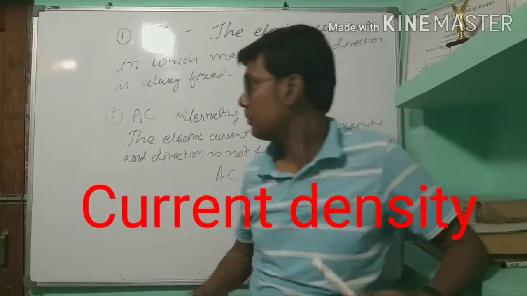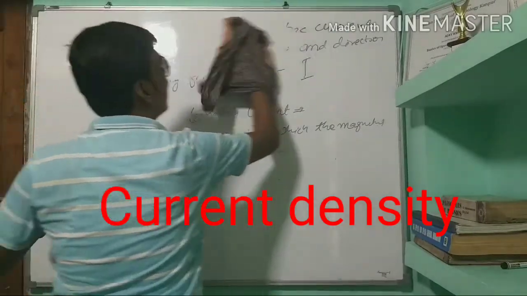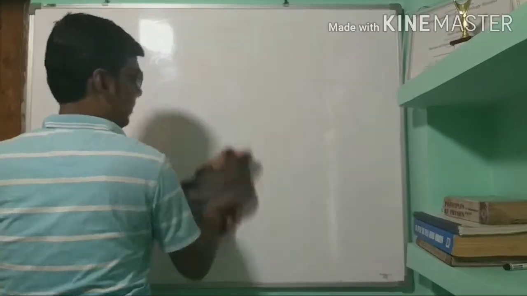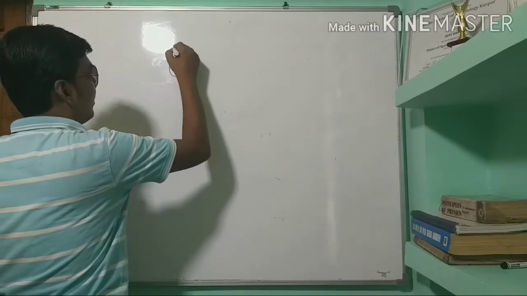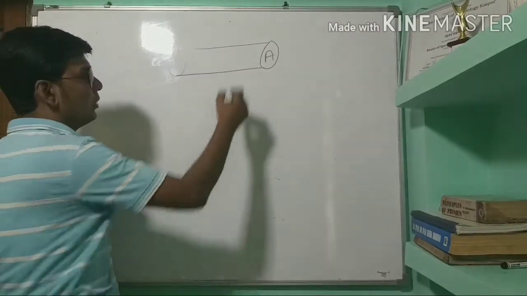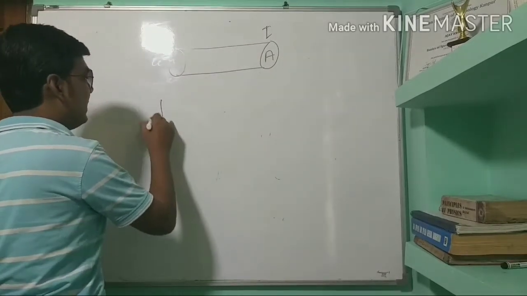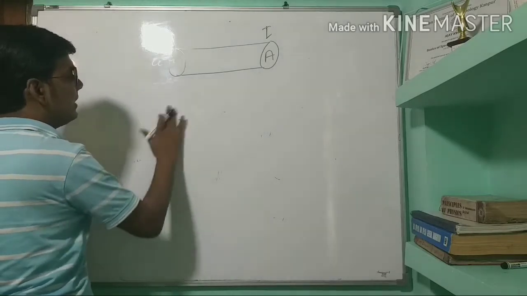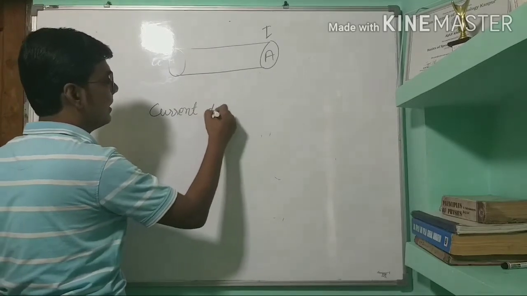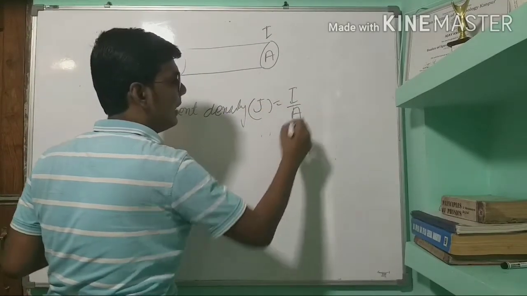Suppose a conductor, and the cross section area is A. So the amount of current passing at an instant is I, then current density J, actually current density is indicated by capital J. So current density J is equal to I by A.